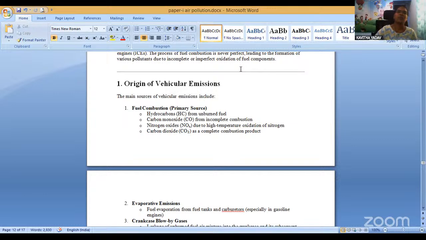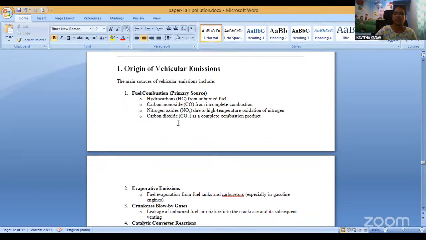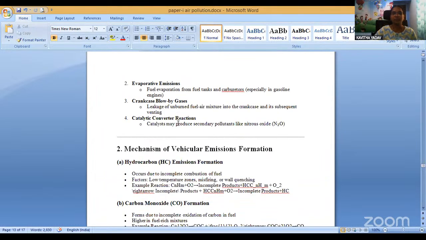These are the primary sources of vehicular pollution. Then, coming to the next one, evaporative emissions: fuel evaporation from fuel tanks and carburetors, especially in gasoline engines.